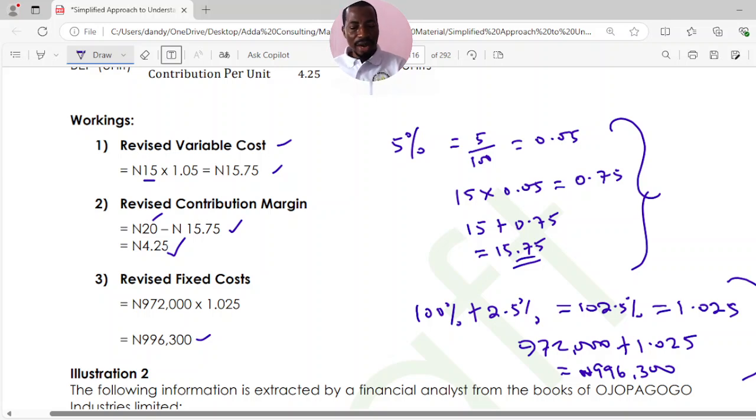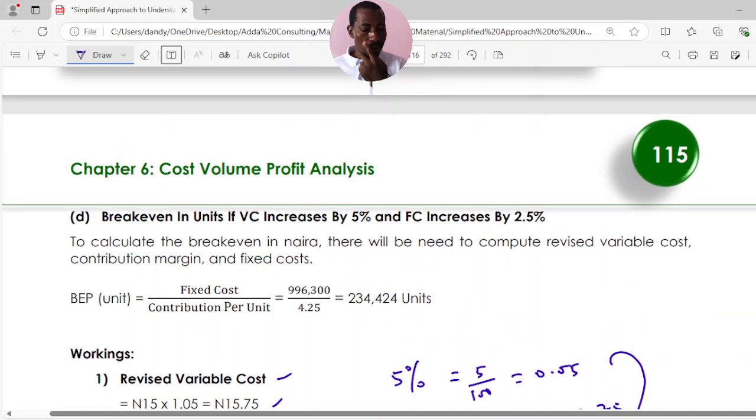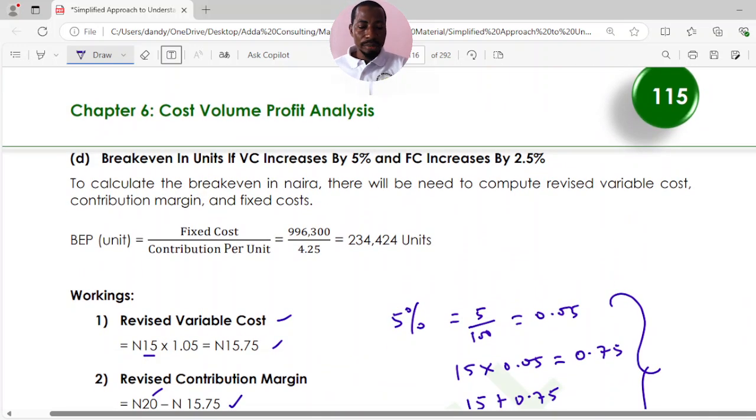So now that we have made adjustment for variable costs, and we've determined the new contribution margin and the fixed cost, we then go ahead and compute the break-even in units. The new fixed cost is 996,300. The new contribution margin per unit is 4 naira 25 kobo.